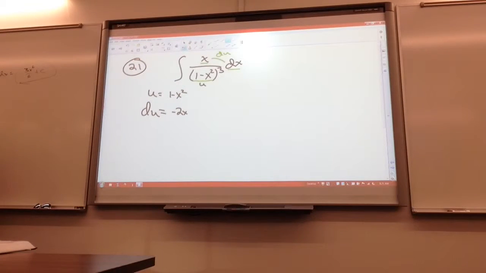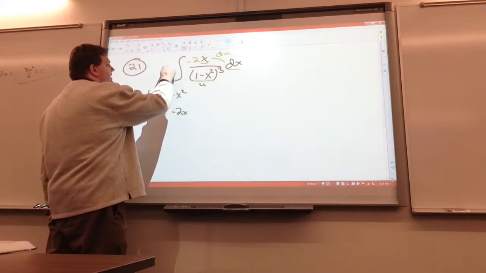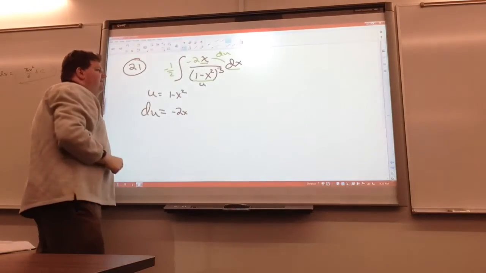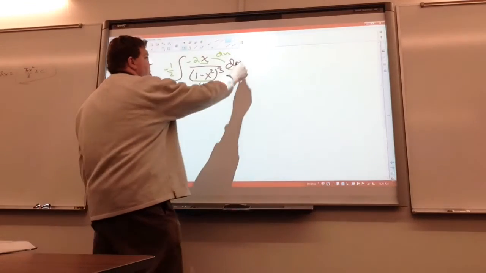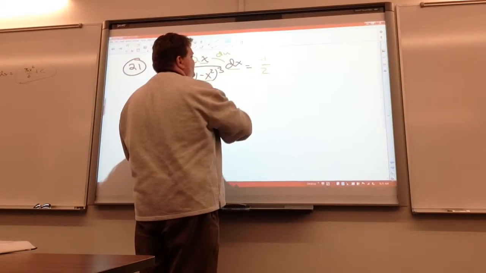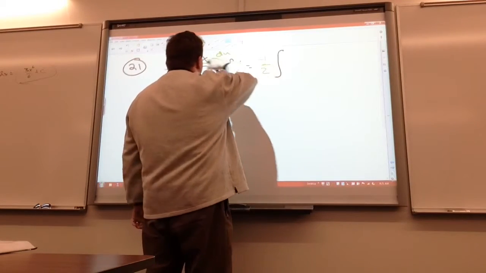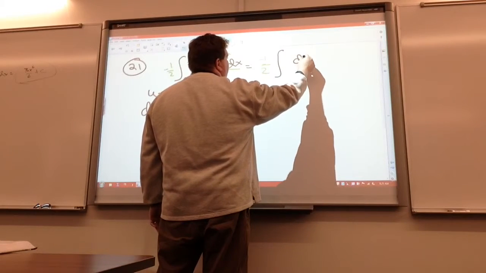So, I can put the negative 2 in there, but what do I have to put on the outside? Negative 1/2. So I'm going to add negative 2 to the top and put a negative 1/2 on the outside. Now I can do my substitution. We have a negative 1/2 still on the outside. The integral of the negative 2x dx becomes du.